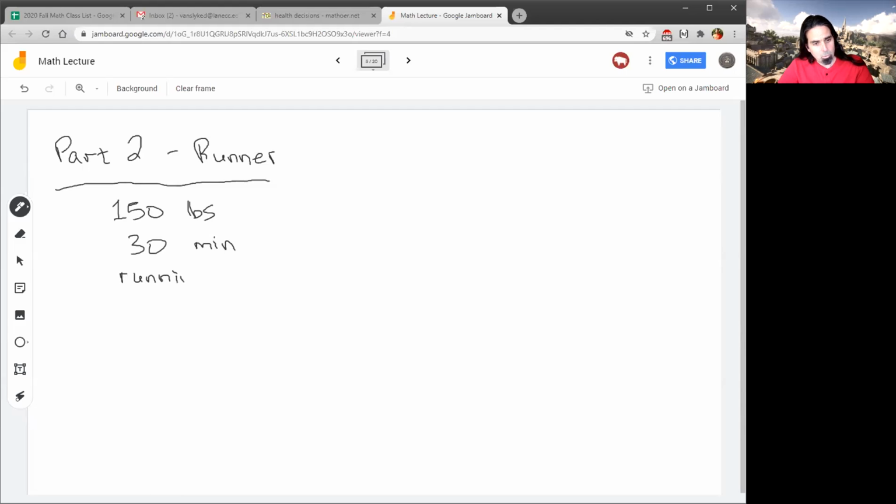Now we'll do running, which is 0.09. And we get 405. That was our made up example problem from earlier, wasn't it?